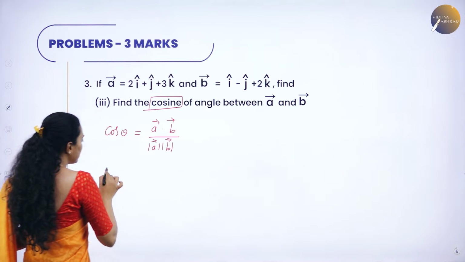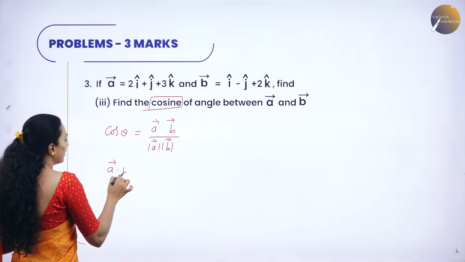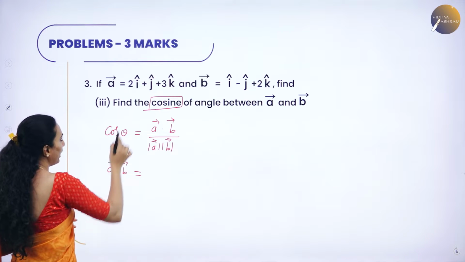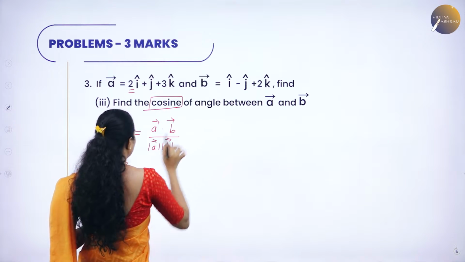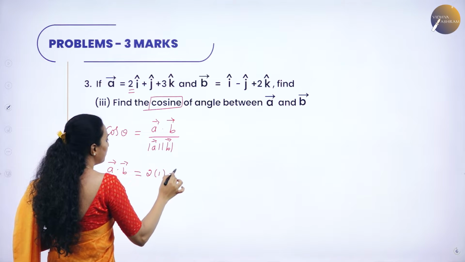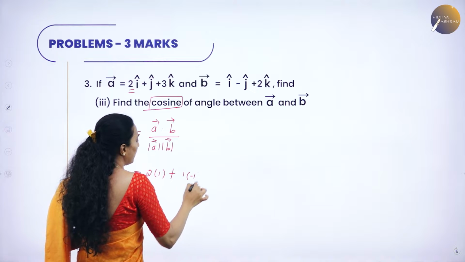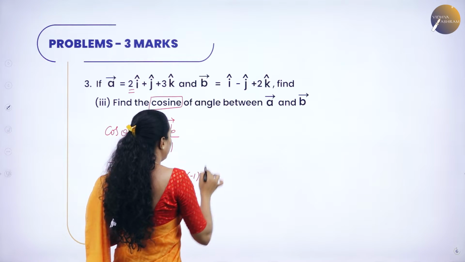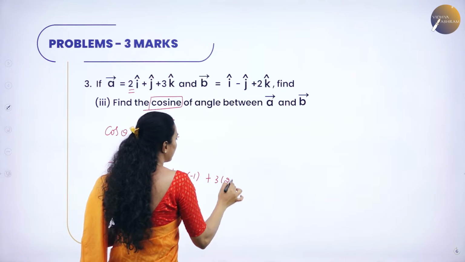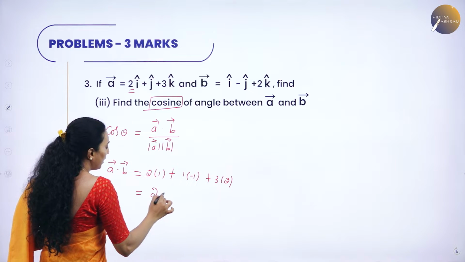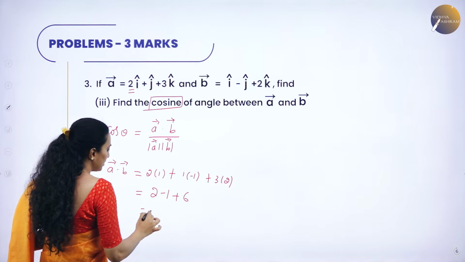Now let us first find a dot b, which is 2 into 1 plus 1 into minus 1 plus 3 into 2, which is 2 minus 1 plus 6, which is 7.